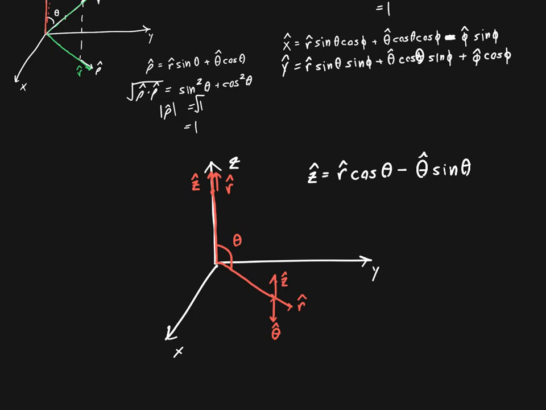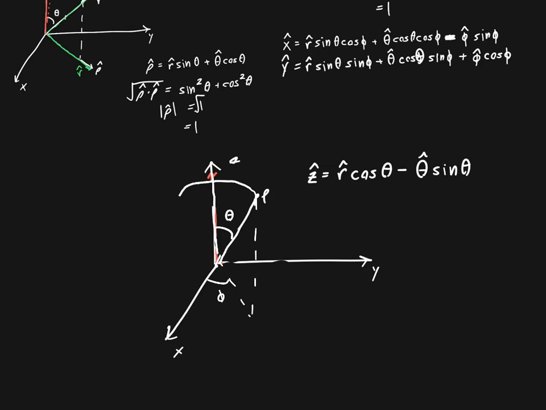So if we draw some arbitrary point P, and let's just erase this stuff real quick so that we can have a better picture of what's going on. If we draw some arbitrary point P, and we just project it, we've got phi and theta. If we have a certain theta, as we vary phi, this point will trace out a circle in the xy plane.